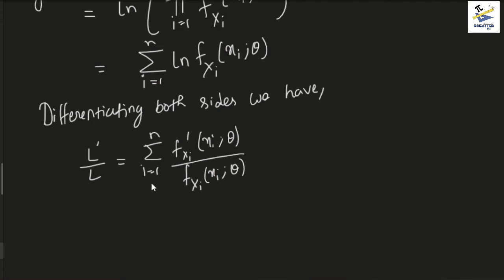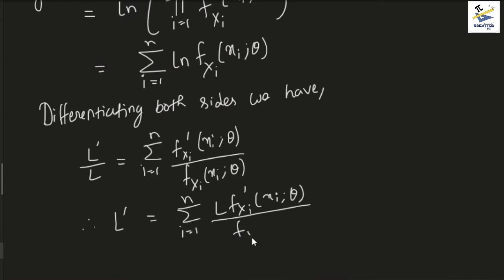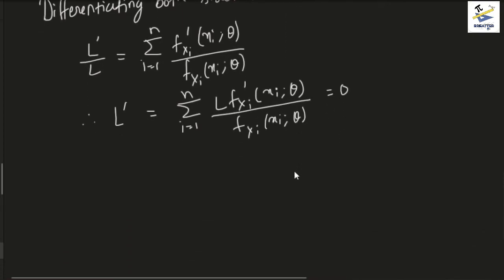Comma theta. Therefore, L prime is equal to the derivative of f of xi, theta divided by f of xi, theta, and this is equal to 0. And when this is equal to 0, we can find certain values of it.